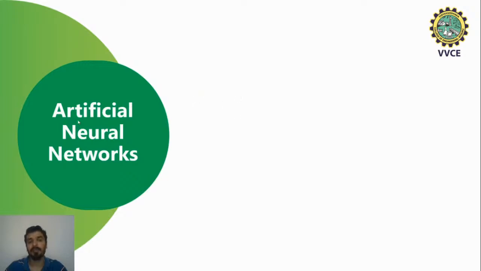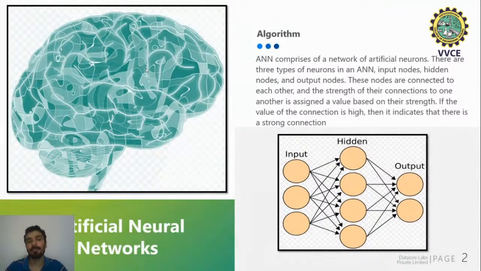Before we actually jump into artificial neural networks, I'm sure you would have read about human or animal neural networks. We have a neural network in our body. It has a lot of pieces called neurons.